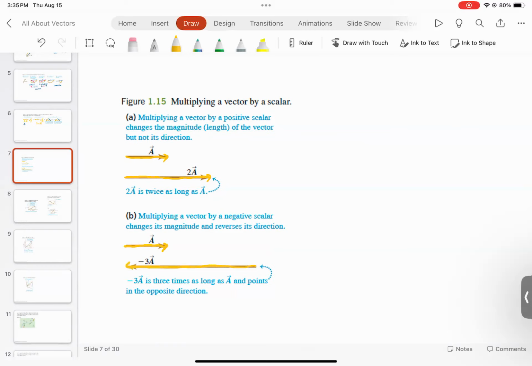However, because of the negative sign, its direction also changes. Originally, vector A was pointing to the right, and because of the negative sign, it now points to the left. So the resulting vector has 3 times the magnitude of vector A, pointing in the opposite direction.